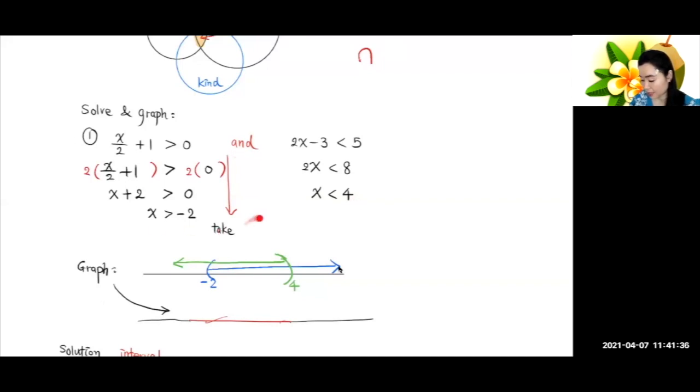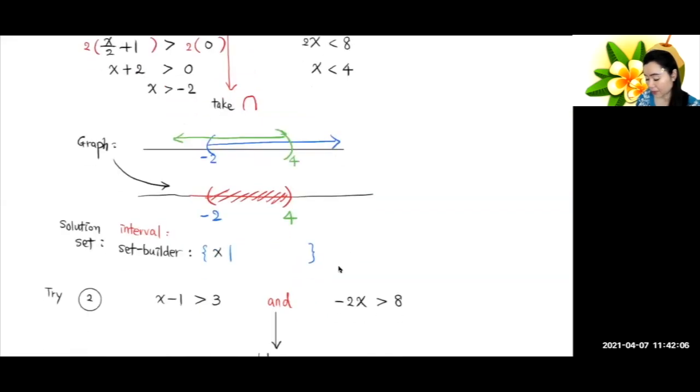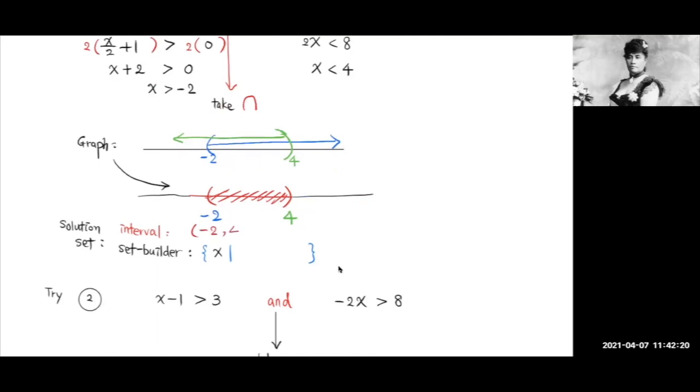So you take the intersection, which is this part right here. The graph of the solution set will be from here to here. Now to write the solution set in interval notation, what should I put over here? x is greater than -2 but less than 4. You got it: a parenthesis, -2, 4, and then a parenthesis.